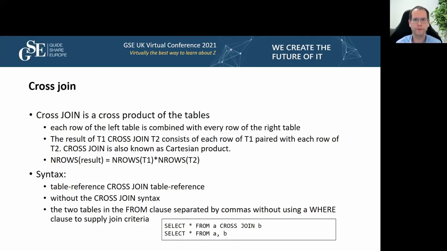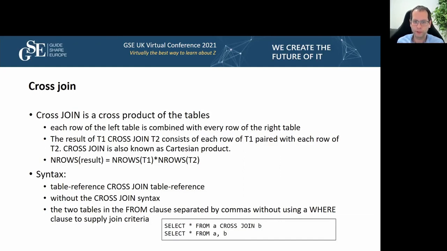So let's start briefly with the cross join. As I said, cross join is basically a cross product of the tables. So each row of the left table is combined with every row of the right table. Most often this is not what you want, but there are some use cases where you want to do the cross join. So basically the number of rows in the result table will be the multiplication of rows of both tables, right?